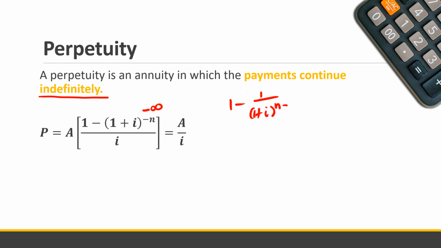If n approaches infinity, 1 divided by a very large number is considered equal to 0. So mawawala yung part na to, so magiging A over i na lang yung equation. So that is the equation for perpetuity.